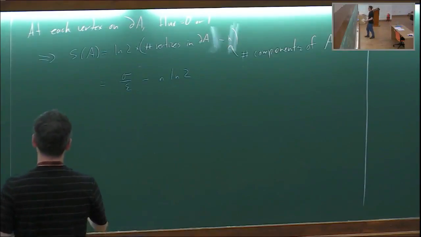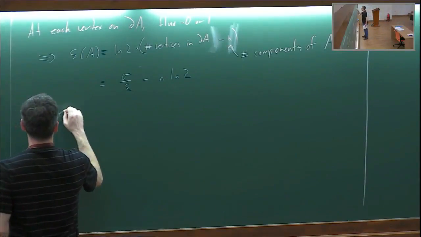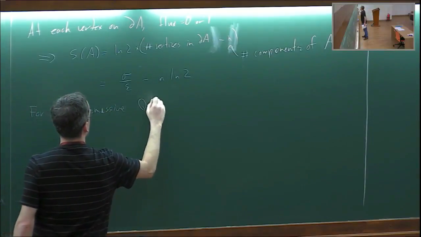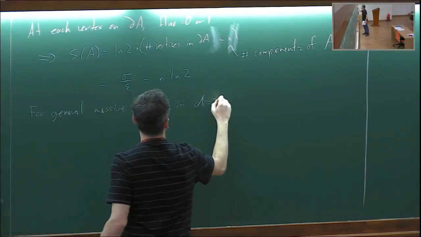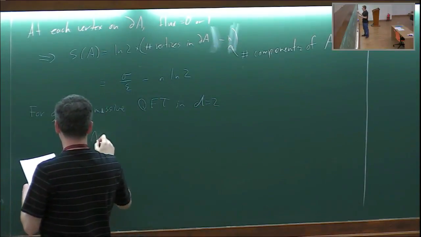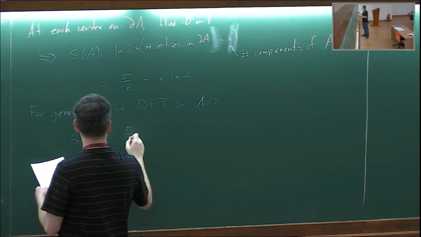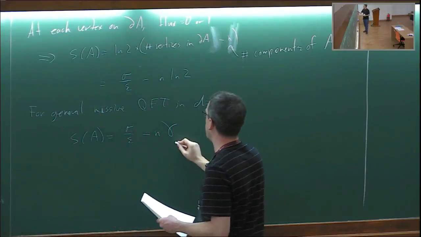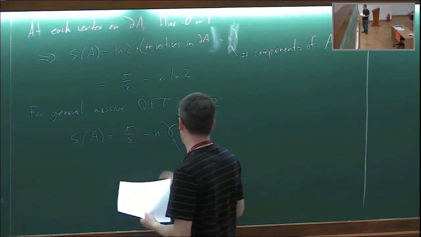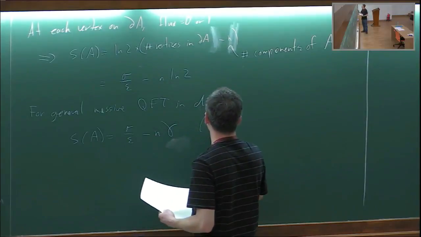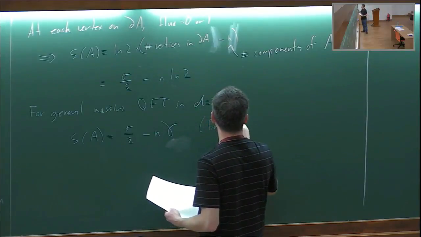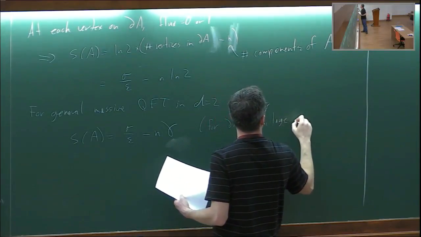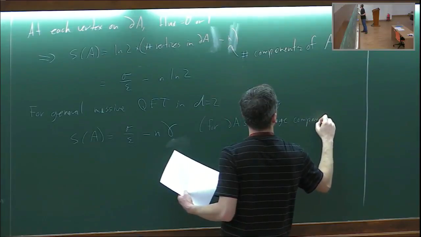And in fact, for a general massive theory in 2 dimensions, the entanglement entropy looks like this, where gamma is called the entanglement entropy, assuming this is for dA smooth and large compared to the correlation length.